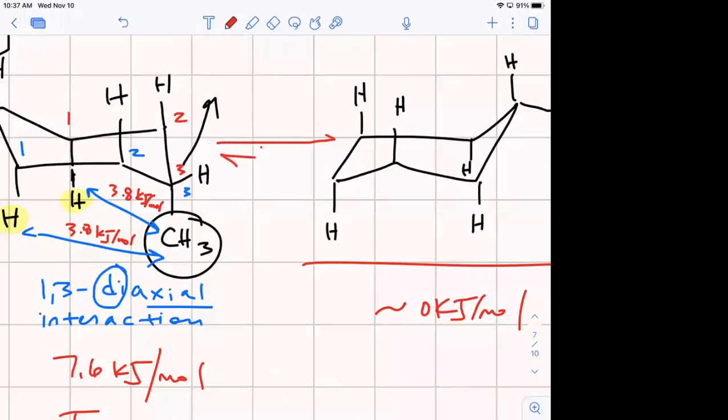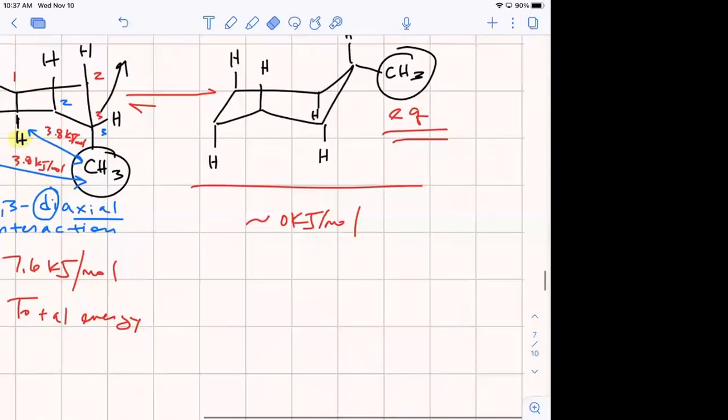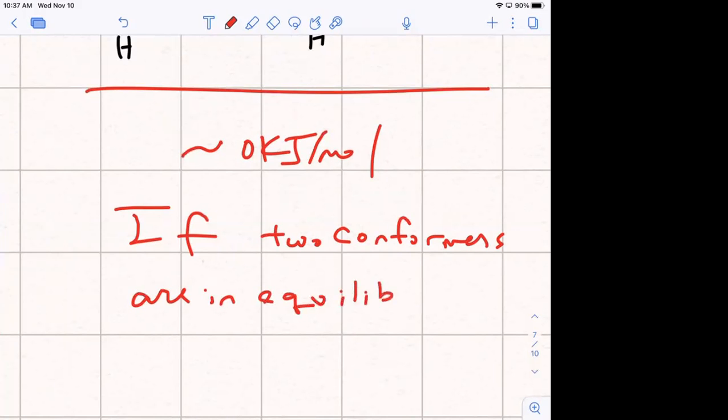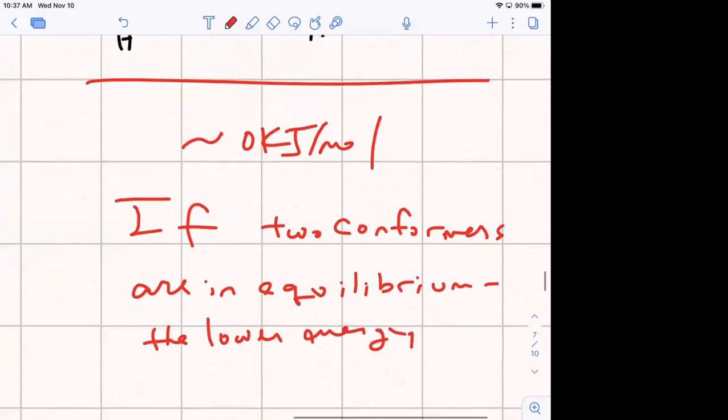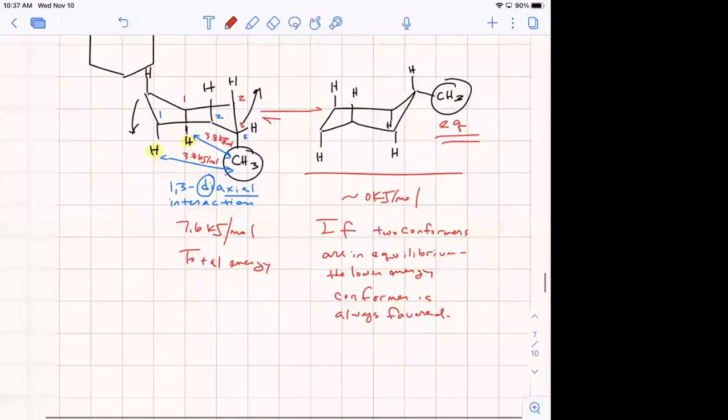If you recall, when we were doing pKa, talking about equilibrium and which side was favored, the lower energy conformer is always going to be favored if the two conformers are in equilibrium.